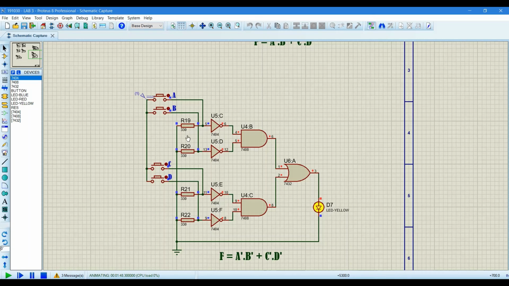After that, these resistances basically depend on how much input you give.